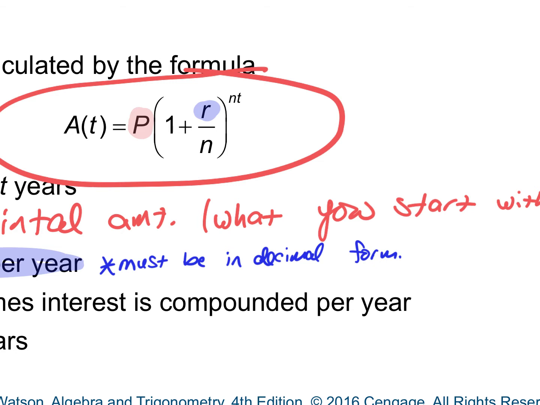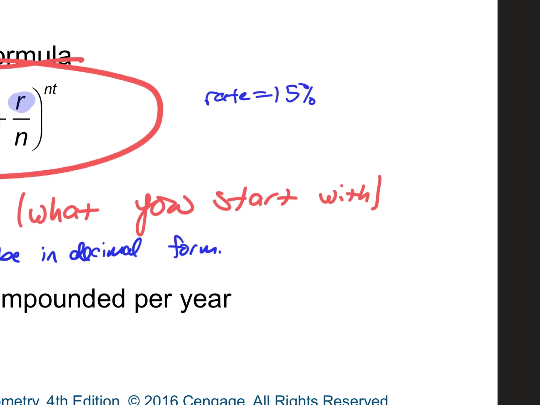So if I gave you an interest rate of 15%, how do we change 15% to a decimal? What do we do with the decimal point? You move it over 2, right? You divide by 100, so this would become 0.15.